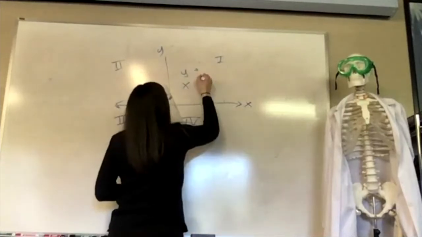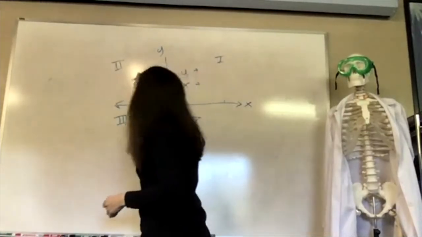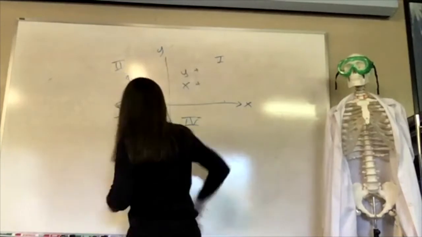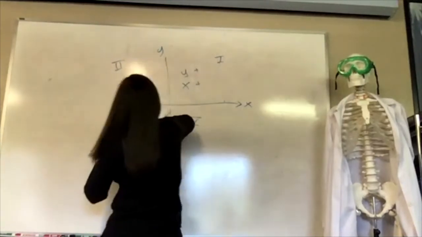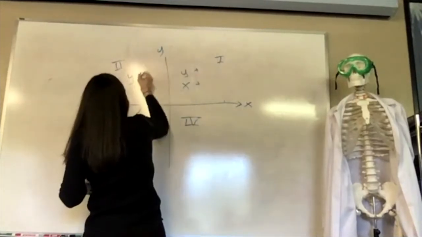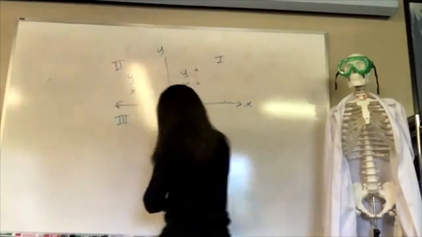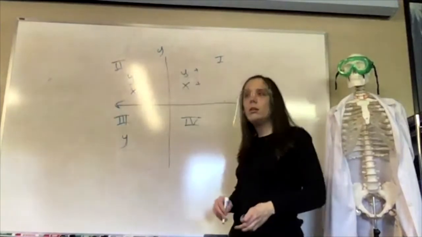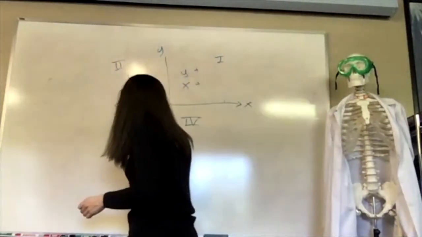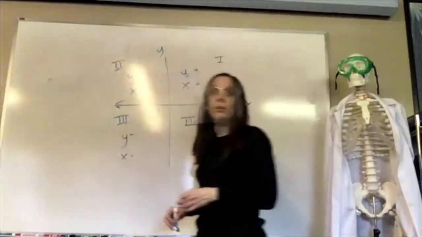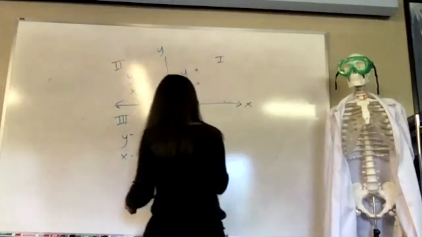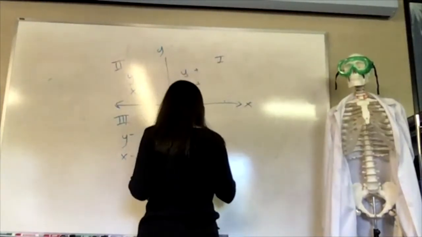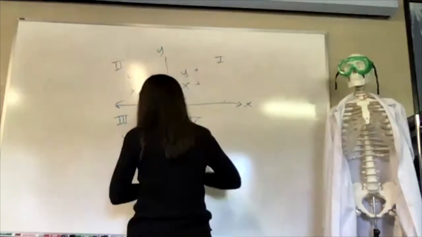What about in quadrant 2? Y is positive, x is negative. Quadrant 3: negative y, negative x. And quadrant 4, negative y, positive x.